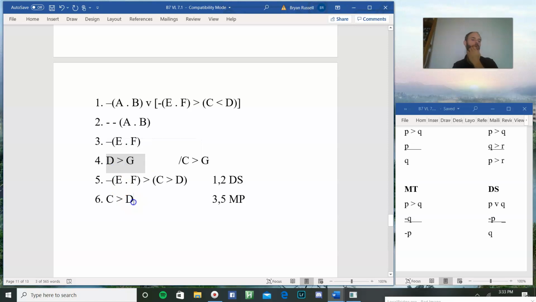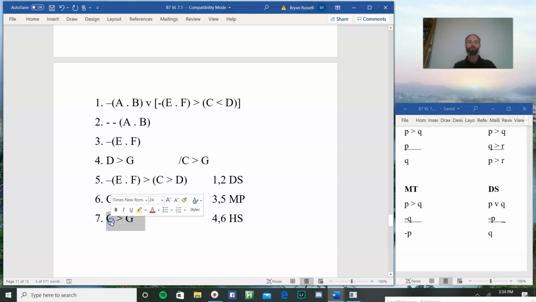So what can we use with line 6? If C then D, and if D then G, we can put those together to get if C then G. And how did we do that? We did 6 and 4 hypothetical syllogism. So 4, 6, HS. And we got the answer that we were looking for.